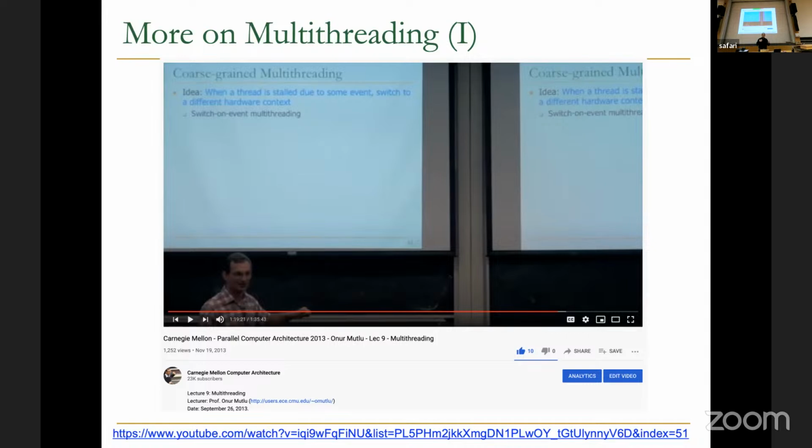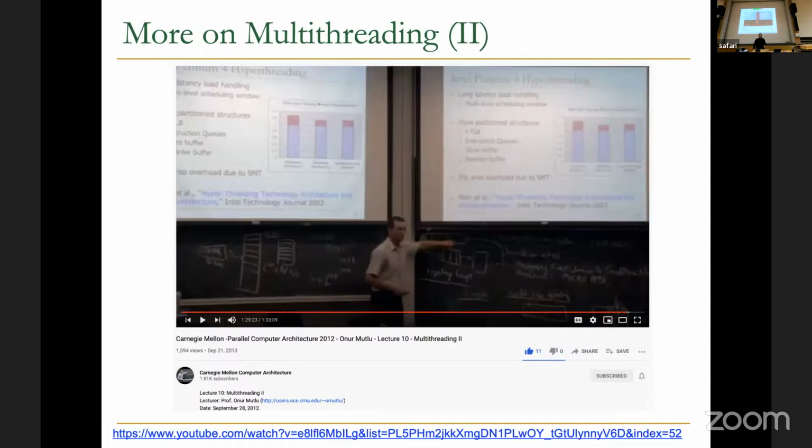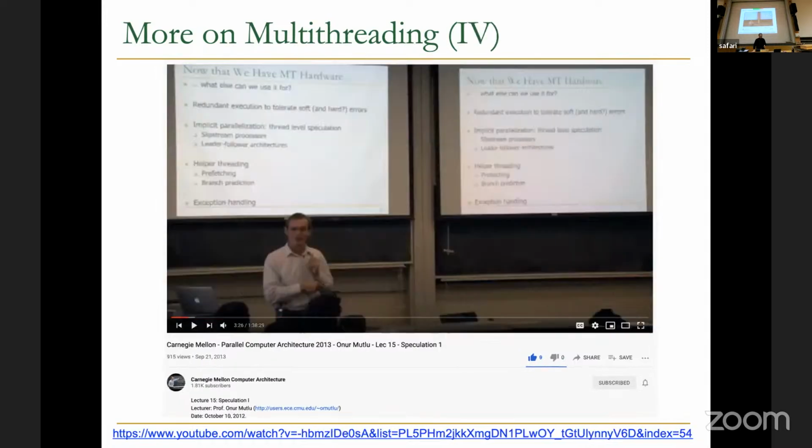In the end, you are producing results from 3 threads, and you vote on them with majority voting, to make sure that if one of the threads for some reason produces a wrong result, at least the 2 other threads produce the correct result. So you will provide better reliability. There are also other reasons to use multi-threading, and you can watch this lecture and learn more if you're interested.